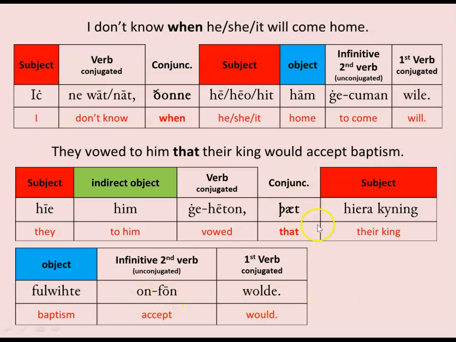Okay, so that is the subordinating conjunction. You then have the subject, the object, and then both verbs at the end. Now, the first verb, would, is walder in this case, so past tense, plural, and then accept in its infinitive form is onfon.